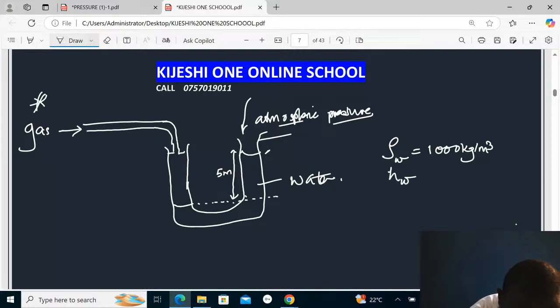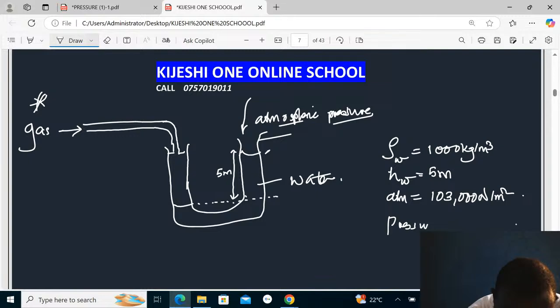Height of water is 5 meters. We say that atmospheric pressure is estimated as 103,000 Newton per meter square. Then now you're asked, determine the pressure of the gas.